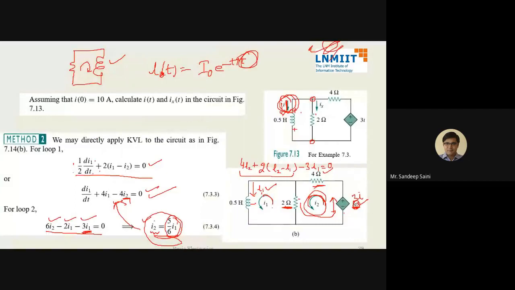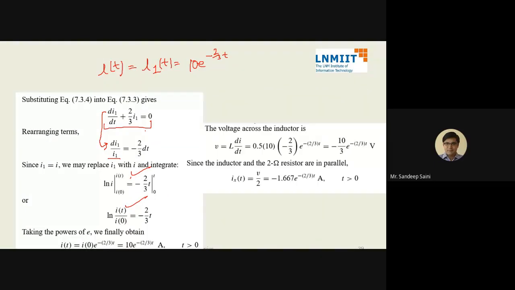Then I can also say this is my equation for I. Am I asking anything else? I am asking Ix. What is Ix? Tell me. Ix is I2 minus I1. What is I2? 5 by 6 I1. So then you get those values also, right?